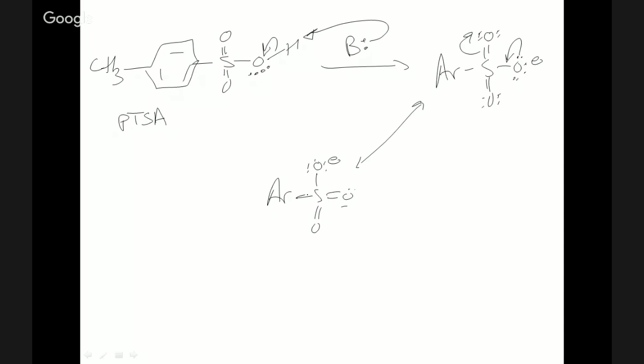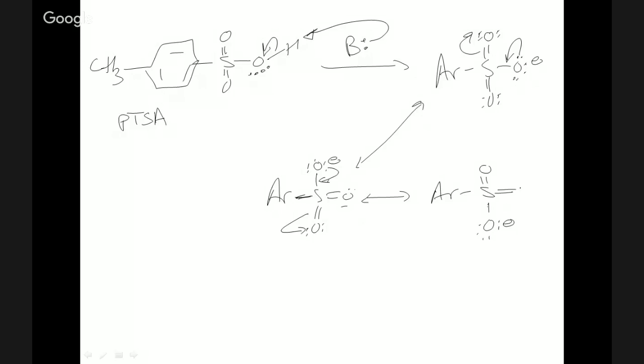We draw it as 6 bonds to sulfur. It's a single bond there. This can push in, push these out, draw another resonance. So there's 3 resonance forms instead of just 2 like we had with the carboxylic acids.